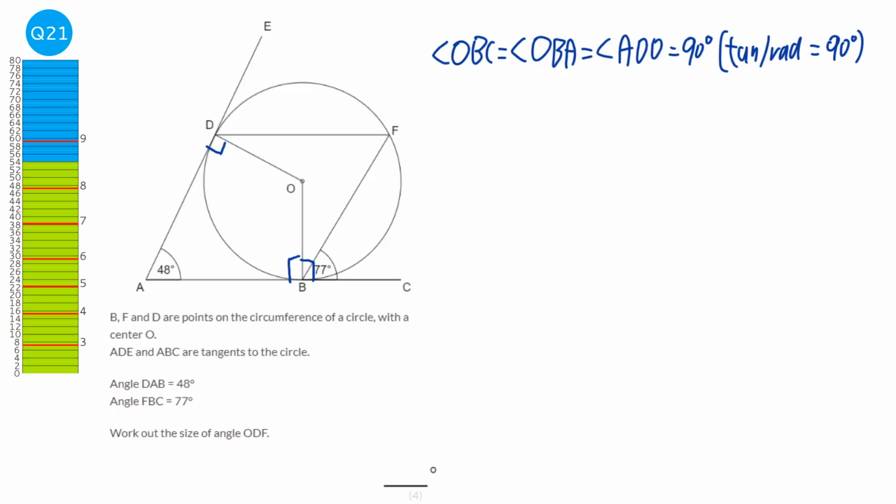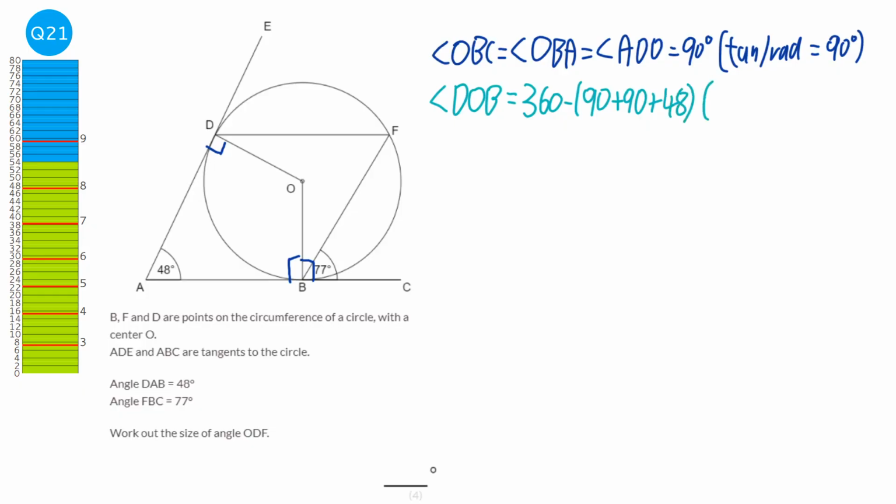Okay, so the first thing I'm realizing is that there's a nice little quadrilateral here. And whenever we've got a quadrilateral and we've got 3 of the angles, we can work out the last one. So angle DOB is going to be 360, take away the angles that we know, so 90 plus 90 plus 48.